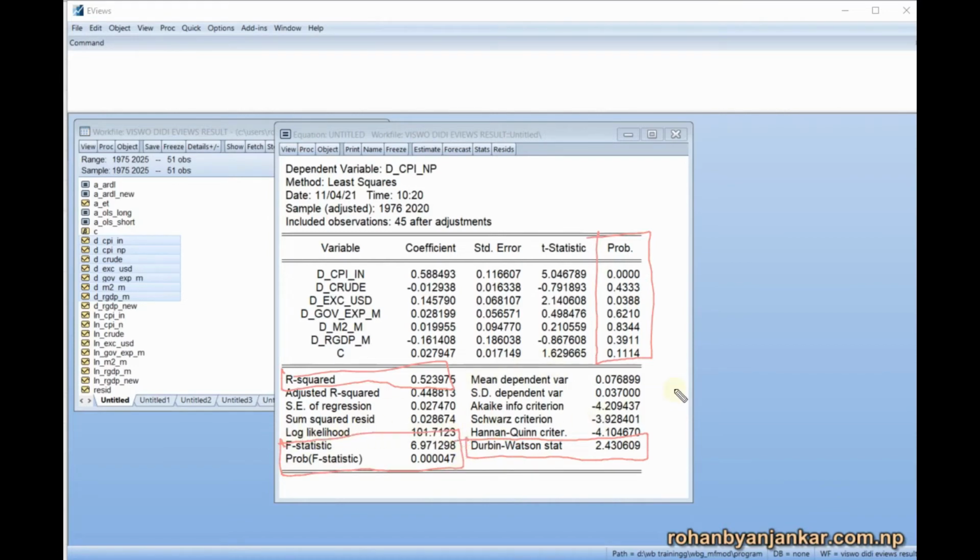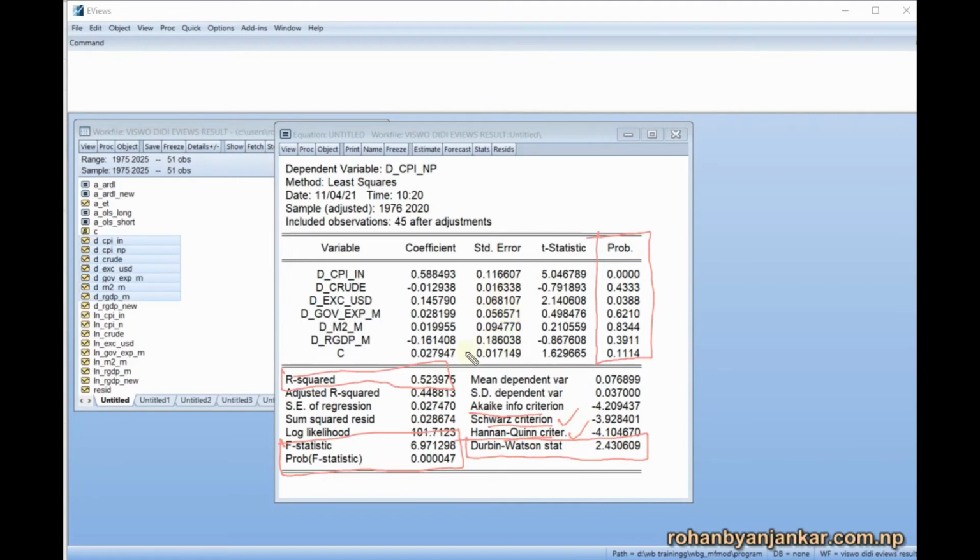The other values are not so important in this case because this is a single model, so we don't need the AIC, SC and HQ criteria, because these values are basically used to compare models. The lower AIC value is preferred, and the same goes for SC and HQ criteria.